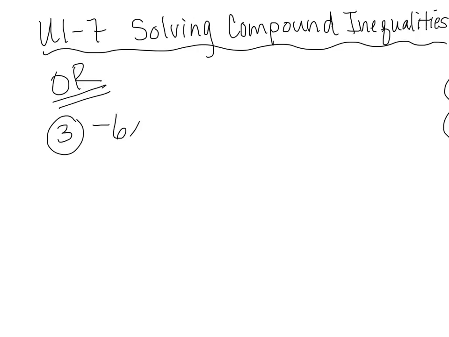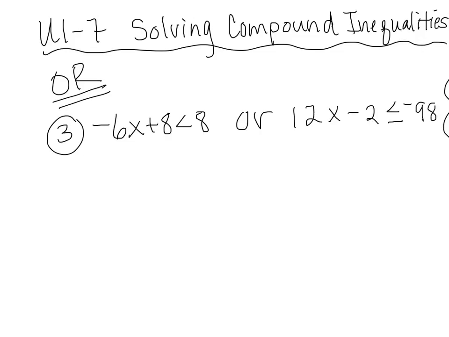So like -6x plus 8 is less than 8, or 12x minus 2 is less than or equal to -98. Now with the OR word in the middle, we don't really need to connect these two. We just keep these two inequalities separate, and you just solve them separately.